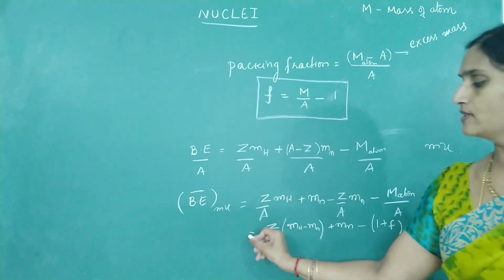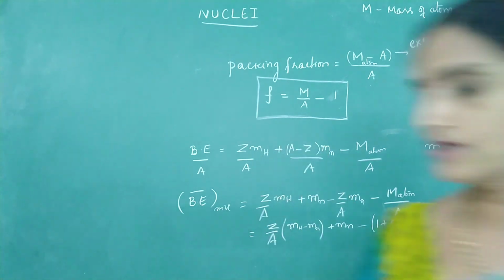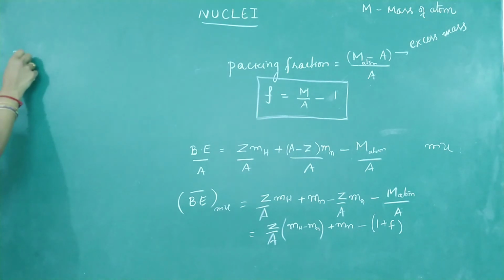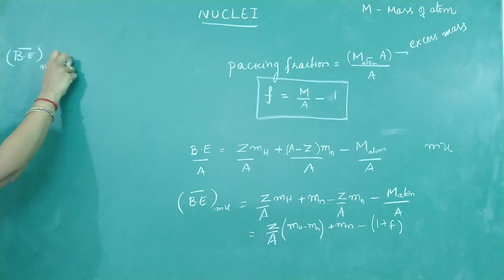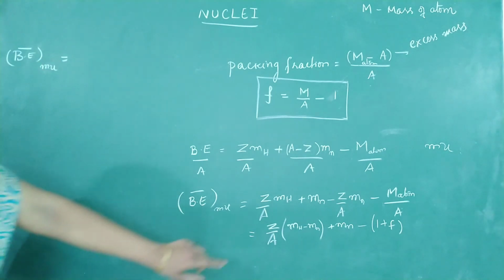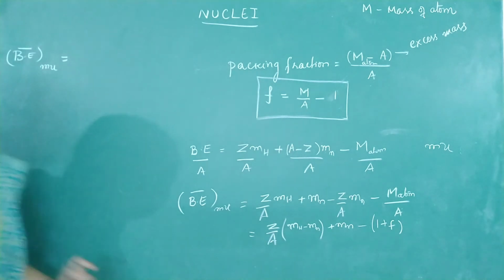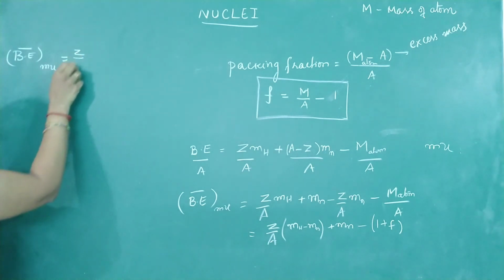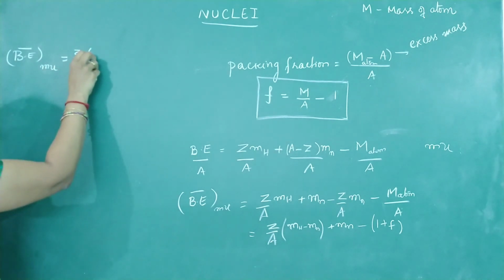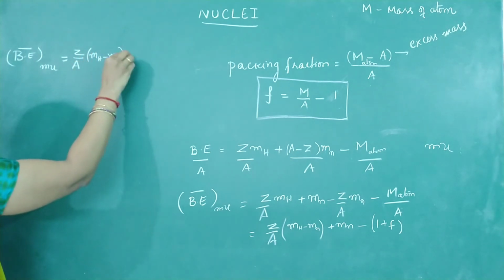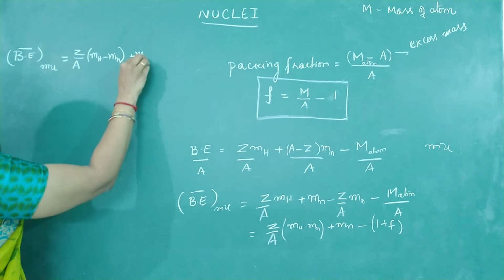On simplifying this relation, I will write it on the other side. Average binding energy in terms of mass units can be written as: mass of hydrogen minus mass of neutron will give you a positive value. I am not putting the values here. Z by A into (MH minus Mn) plus mass of neutron, which is a positive value.